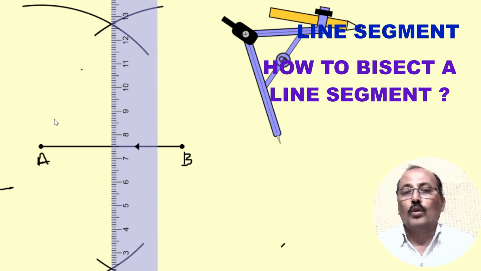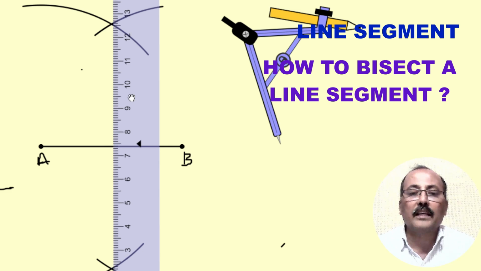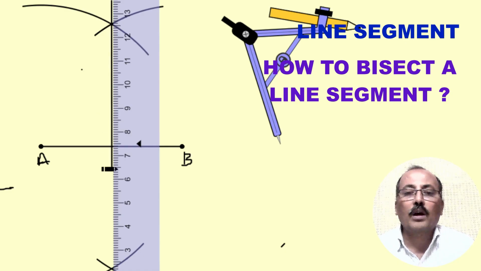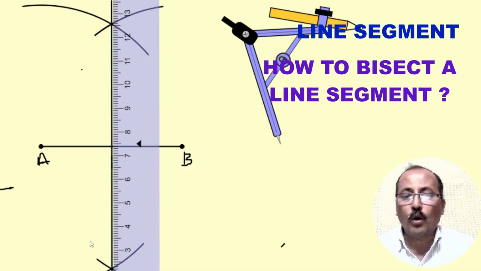Now take the ruler and keep it such that it joins both the points equally. It matches. That means if I draw a line here, it should pass through both the lines. Yes, like this. Now this point, listen, from A I have drawn an arc above and below.